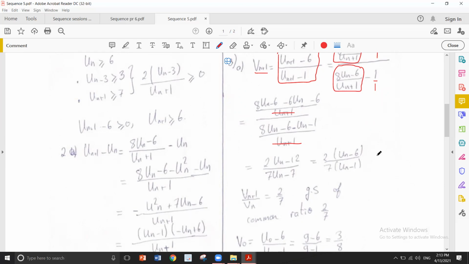Now Vn plus 1 over Vn will be equal to 2 into (Un minus 6) over (Un minus 1) over 7 into (Un minus 1), over (Un minus 6) over (Un minus 1). هيدا وهيدا بيمحي, so we have 2 over 7. Vn plus 1 over Vn equals 2 over 7, which is a geometric sequence.